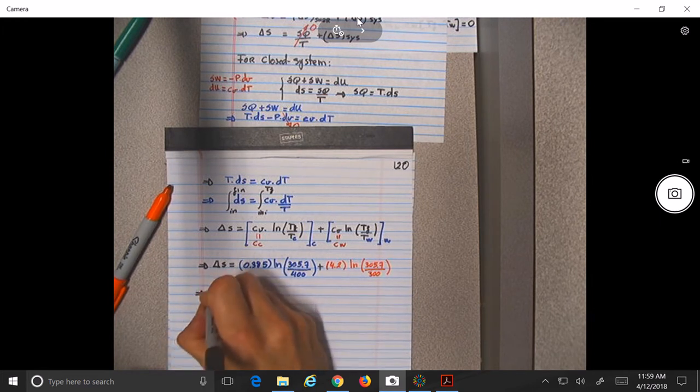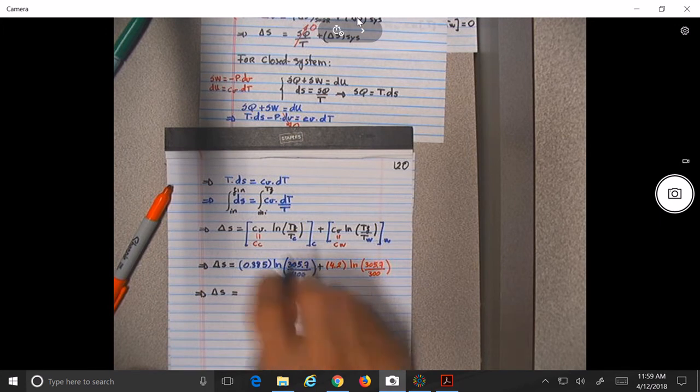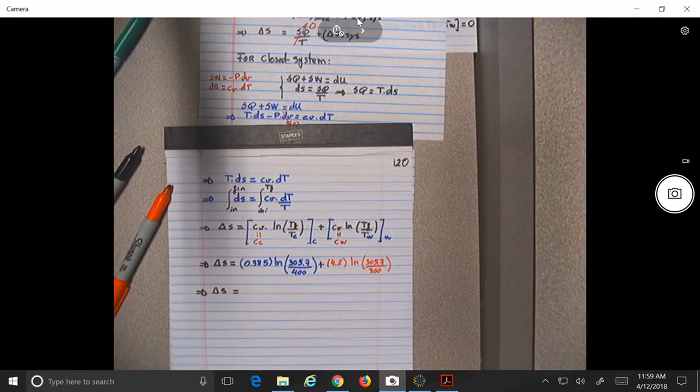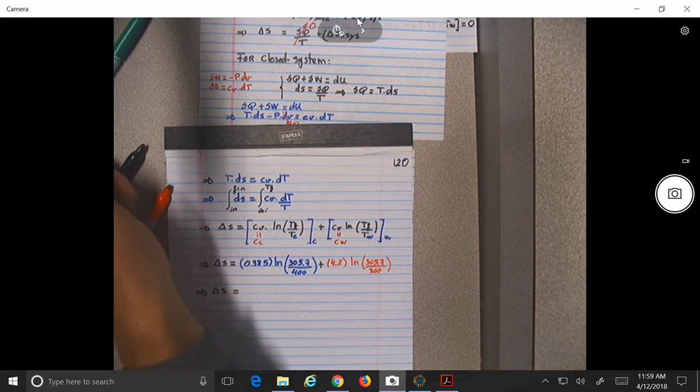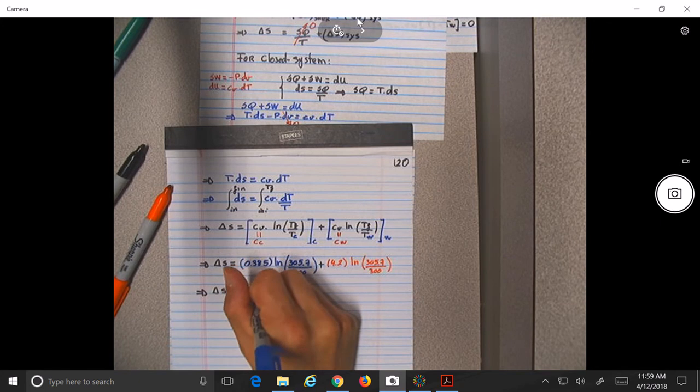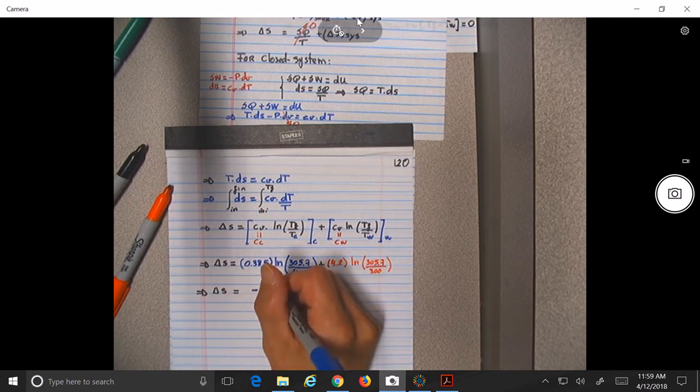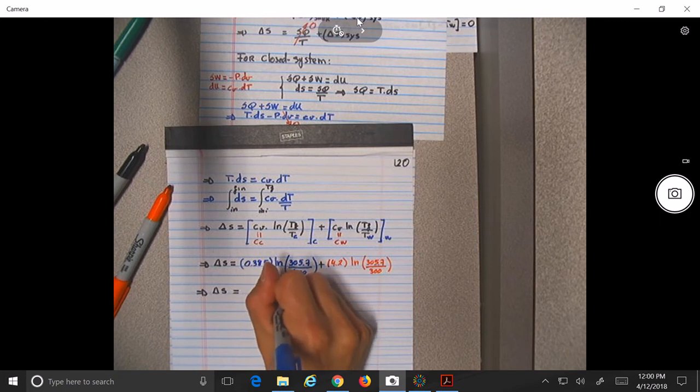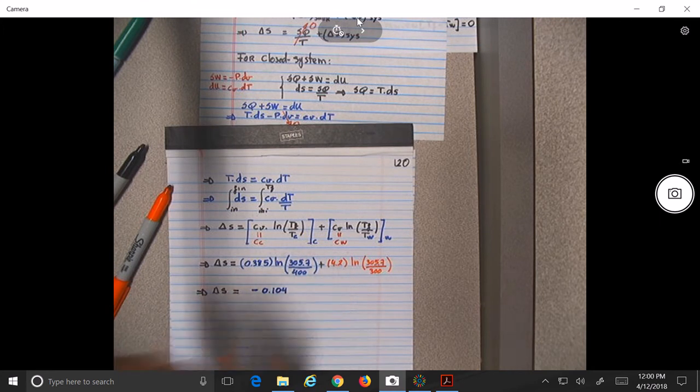Okay, so over here I want you to do the calculations for me and give me one of the values at a time. Okay, negative what? 0.104. Okay, the solution has different values because they multiply by m, but who cares?